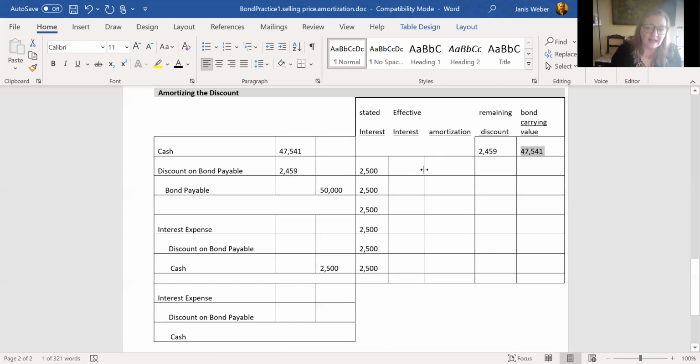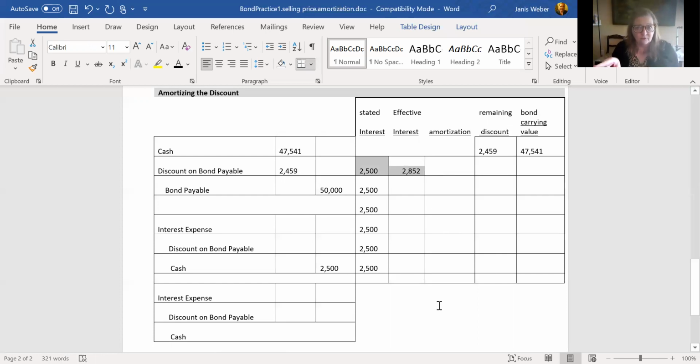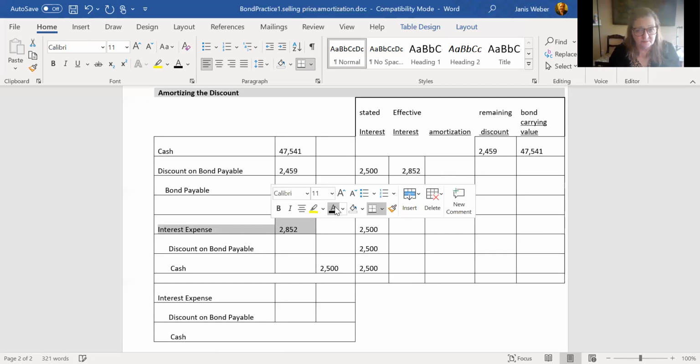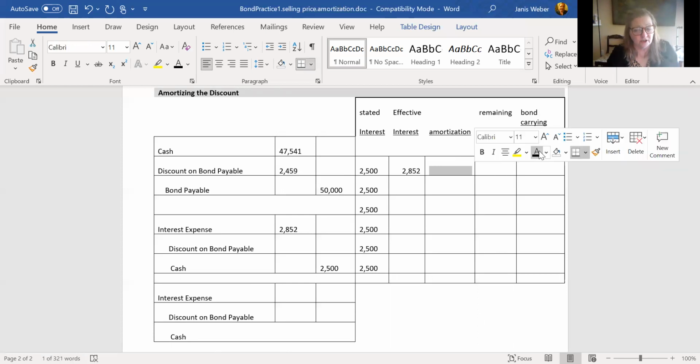So we multiply that times the effective interest rate to get the effective interest. So 47,541 times 6% gets us an effective amount of 2,852. That's the interest expense we're going to debit, 2,852. So now when you look at it, you can tell clearly how much you amortized, because you're looking at stated interest, you're looking at effective interest, and the difference between them is the amortization. So on your amortization table, it's very clear.